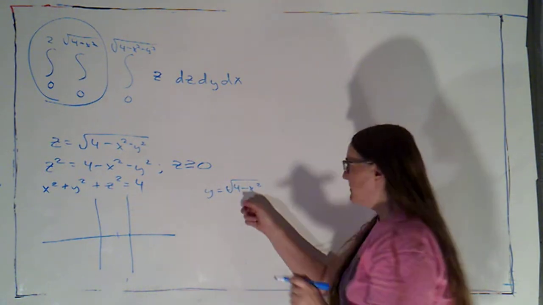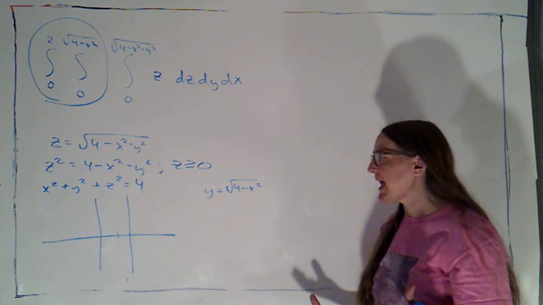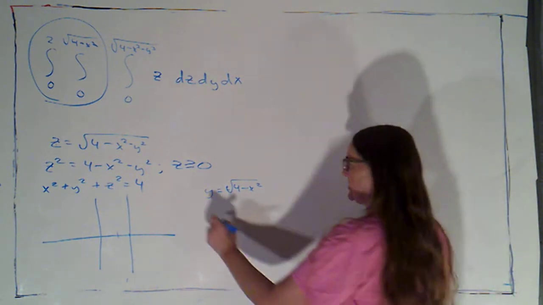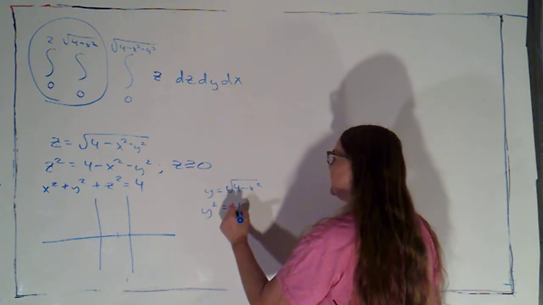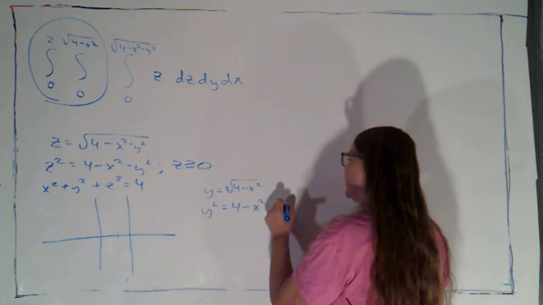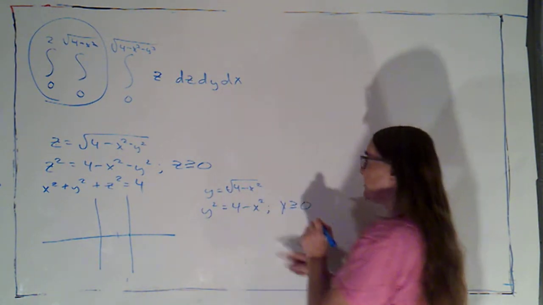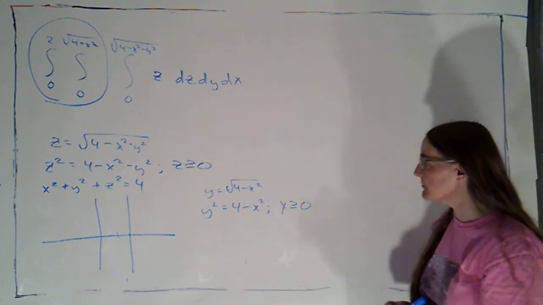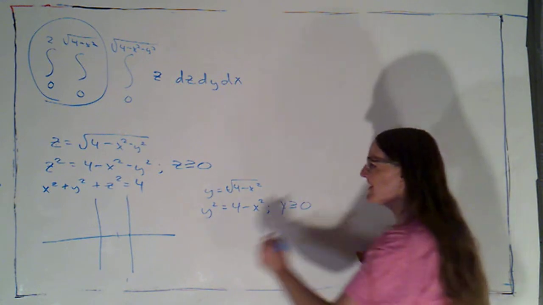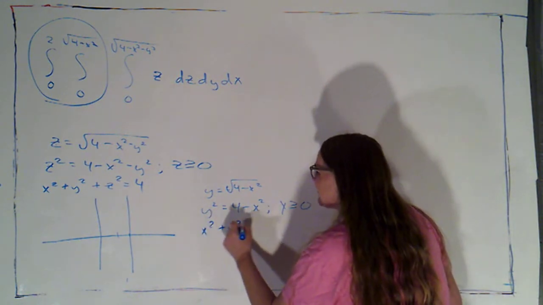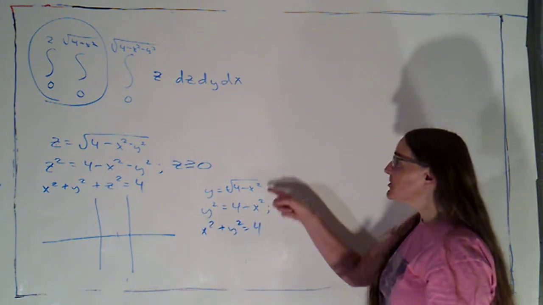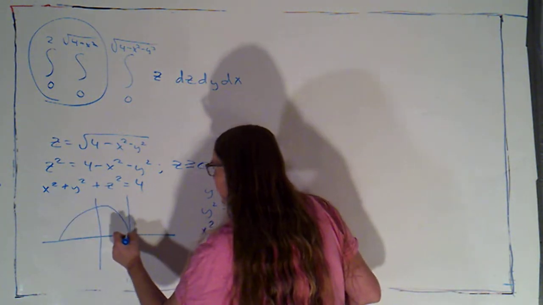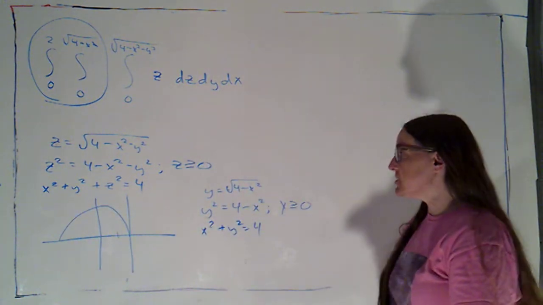Again, if you recognize that's the top half of a circle of radius 2, fabulous. If not, here's how we get there. Y squared is 4 minus x squared, but y is bigger than or equal to 0 because it was defined to be that square root, and principal square roots are not negative. X squared plus y squared equals 4. So this curve would be the top half of a circle of radius 2.